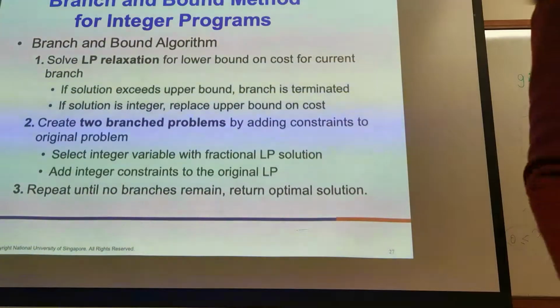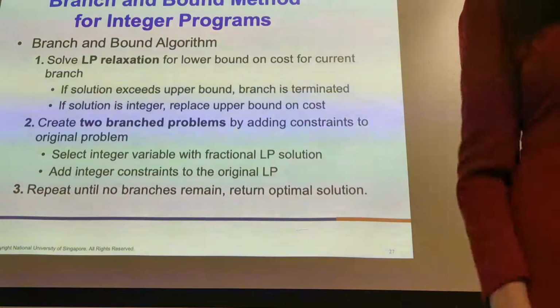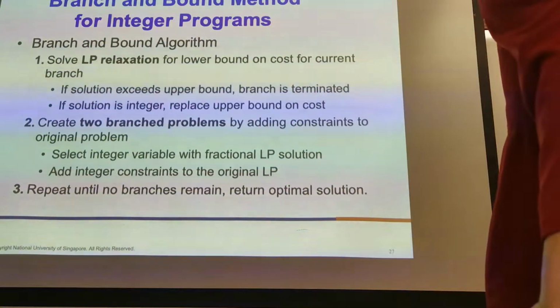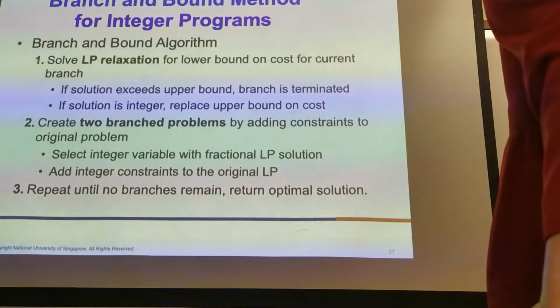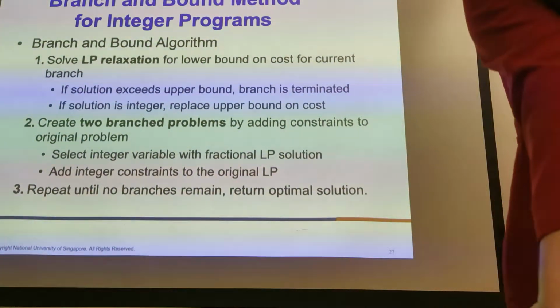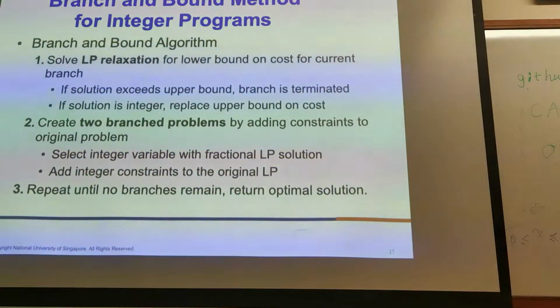So every time you add two different branch problems by adding constraints to the original one, and just repeat until there is no branch, and you get the final solution. So this is the whole way how it calculates using the BNB algorithm.